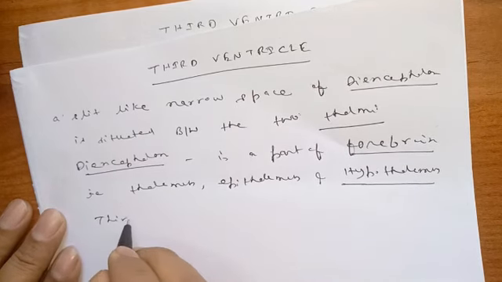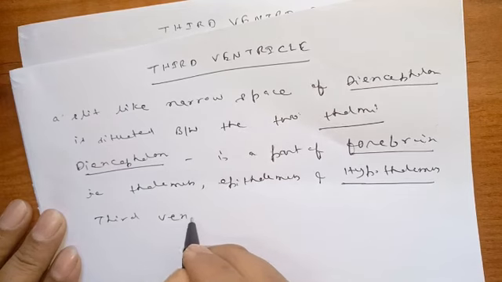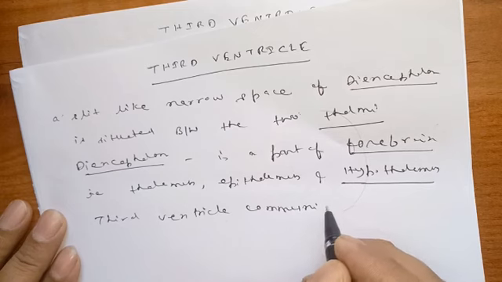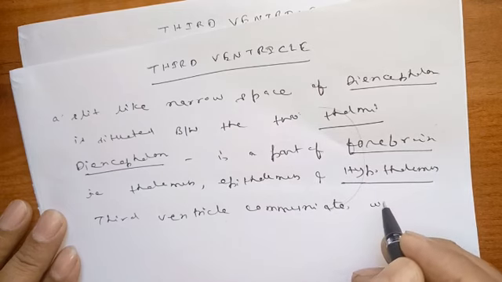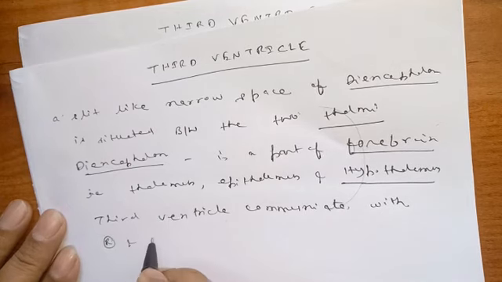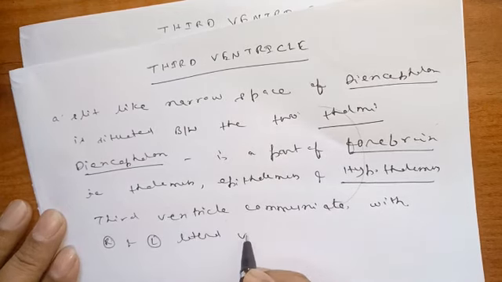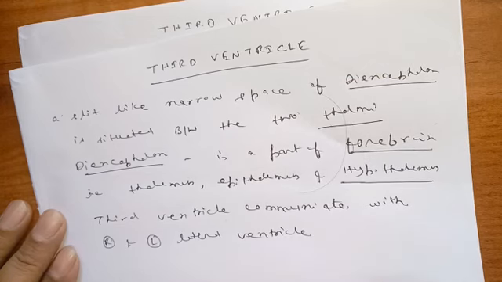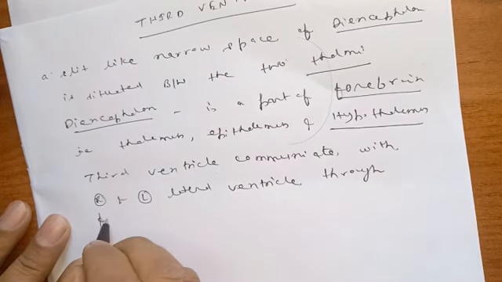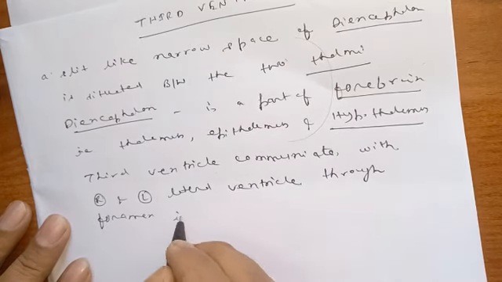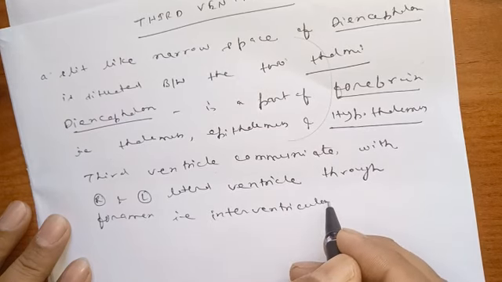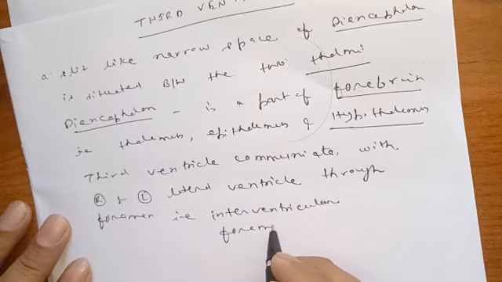The third ventricle communicates with the right and left lateral ventricle through a foramen, the interventricular foramen. The foramen name is interventricular foramen.